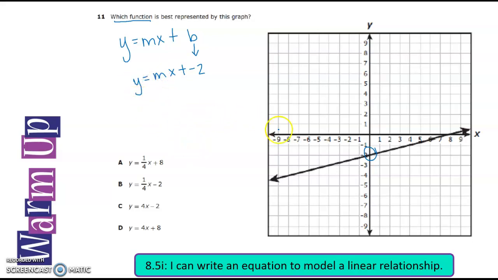If we were to find 2 points, we can use the points that we have, or instead of going through that whole process we just did, since there are answer choices here, you can plug these into your graphing calculator.